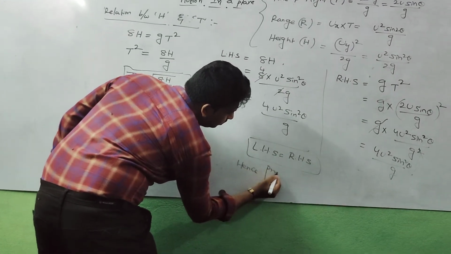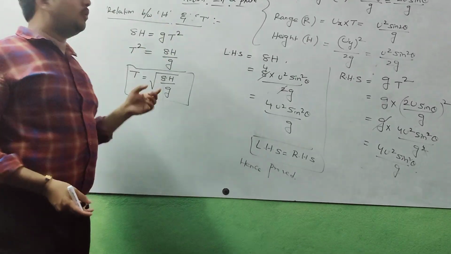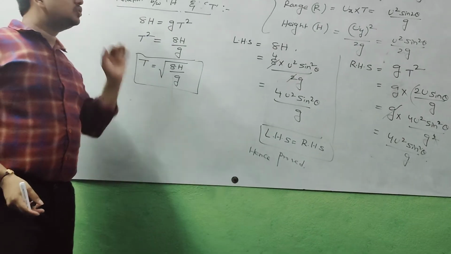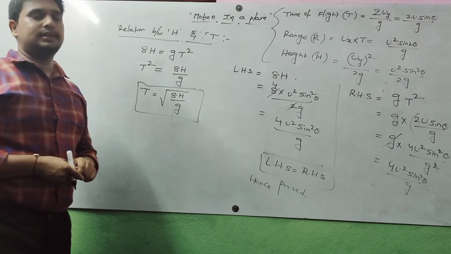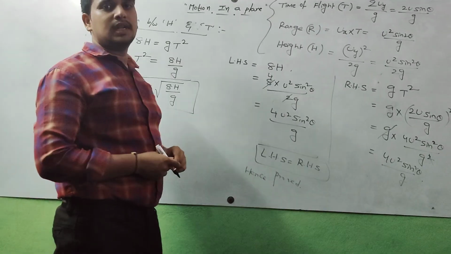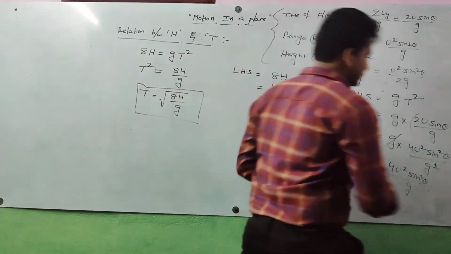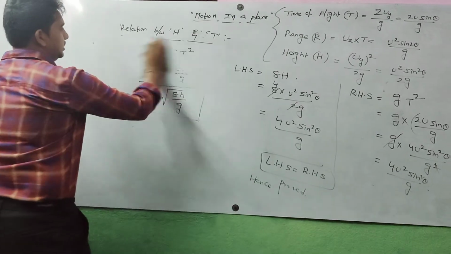So the relation between h and t is what now? 8h is equal to gt square. So this is the relation between h and t. Now we are finding the relation between r and t.